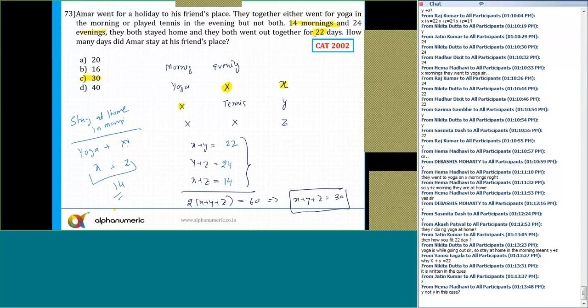On X days they can go in the evening together, on Y days they can go in the morning together, and there is nothing common. So that's why X plus Y is equal to 22. Is that clear? Any doubts now?